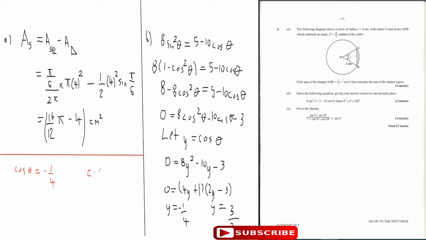Now cos theta equal 3 over 2 is not possible. Why? Because cos theta has to be between 1 and negative 1. Remember that the cos of theta has to always be between 1 and negative 1. So this has no solution.